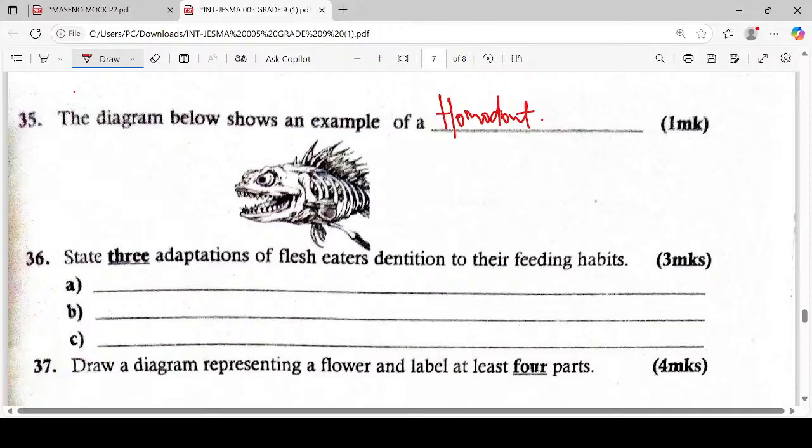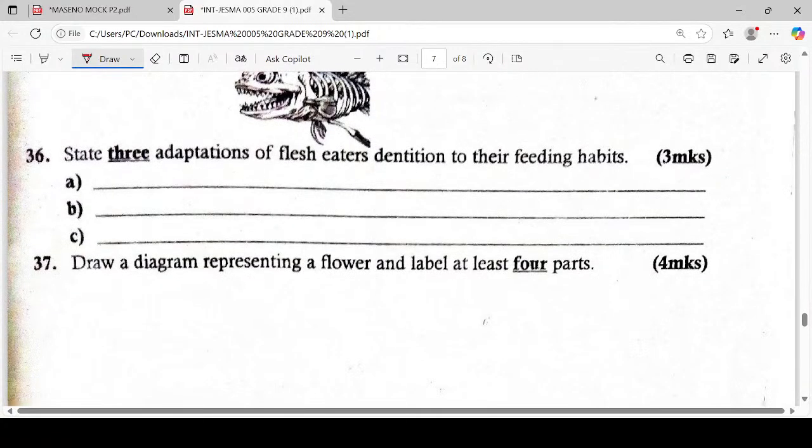Stage 3, adaptations of flesh eaters, their dentition and feeding habits. Flesh eaters, those that feed on flesh, have sharp chisel shaped incisors for catching the prey.